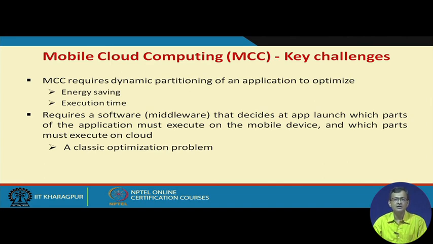We can do this by dividing the application into different parts. Some parts or components of the application need to be done locally and some remotely. This can be done statically, where I have a priori knowledge.